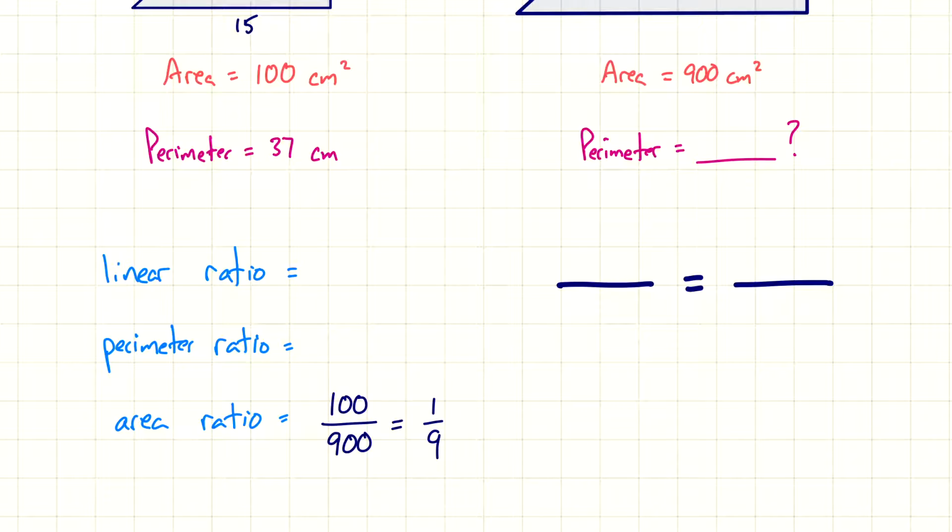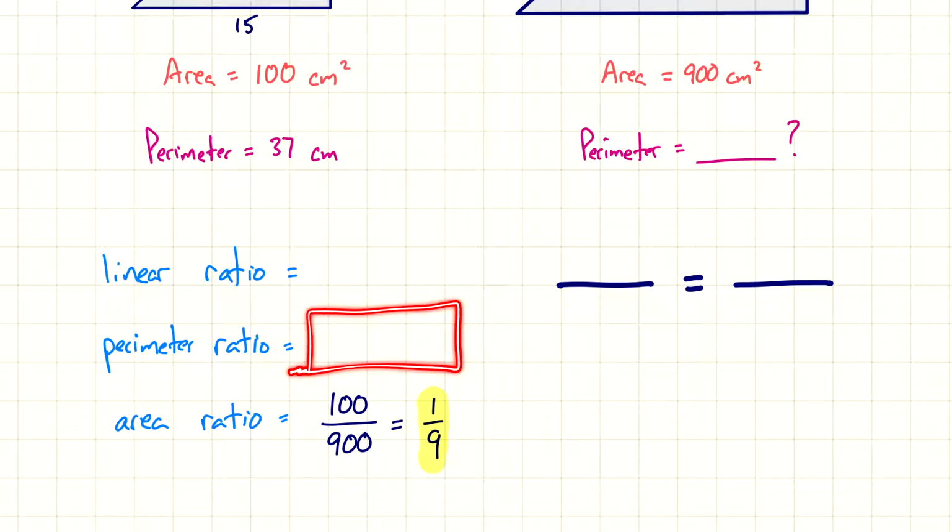Okay, so now we have an area ratio. Now that we have an area ratio, which should be familiar to you, my question to you is, what is the perimeter ratio? Can we work backwards?